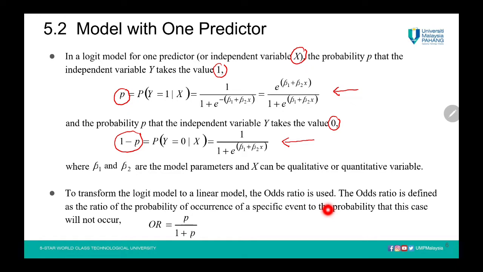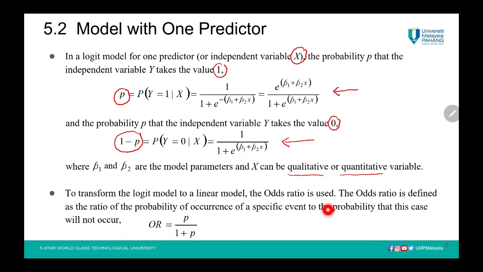Beta 1, beta 2 here are the parameters, and X can be qualitative or quantitative. To transform the logit model to a linear model, the odds ratio is used.